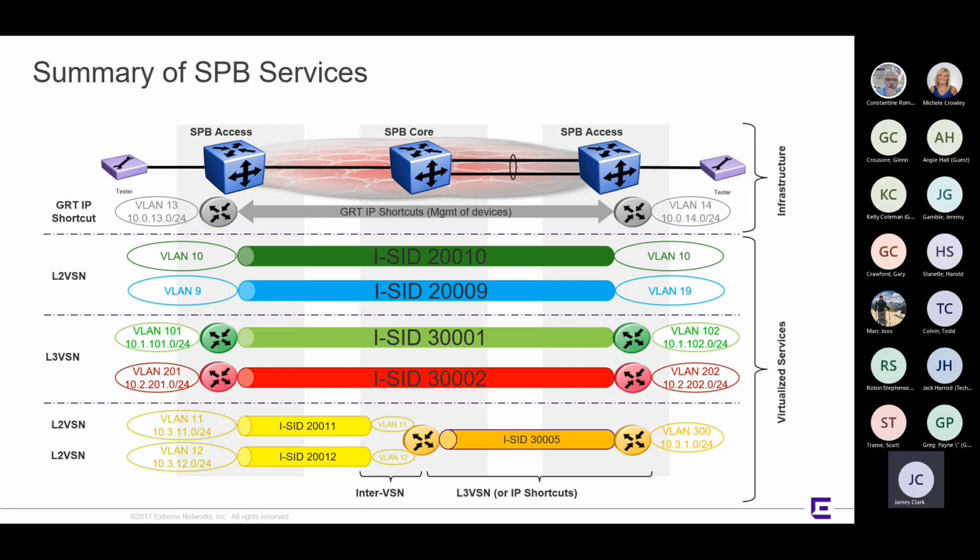So in this environment, we show that VLAN 101 up top there in green can talk to VLAN 102, different subnets, using routing, basically using the IP shortcuts in a layer 3 VRF scenario. Using ISID 30,001, they're tied together. Once again, that BCB in the middle is not part of the route table there. Just using IP reachability passes it through.